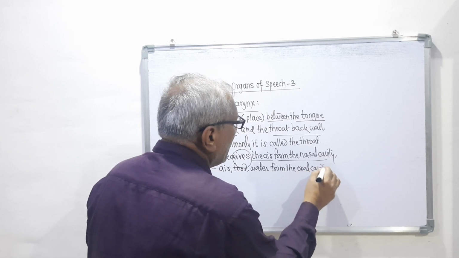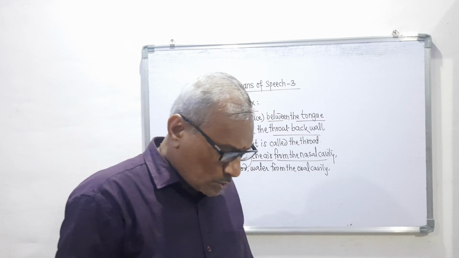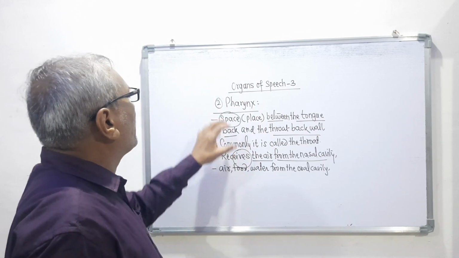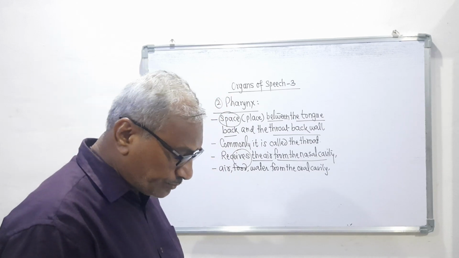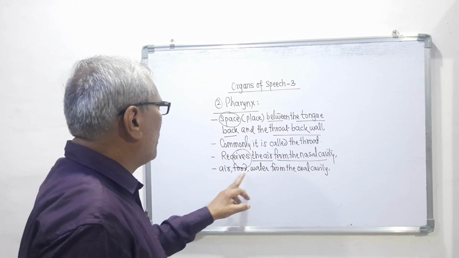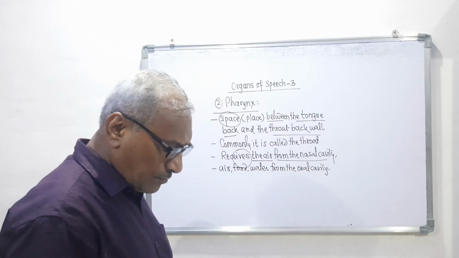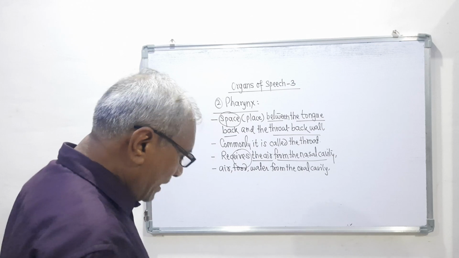What is the oral cavity? Oral cavity means our mouth. So what is the explanation? The pharynx receives, collects the air, food and water from the oral cavity, from the mouth. That is the explanation.